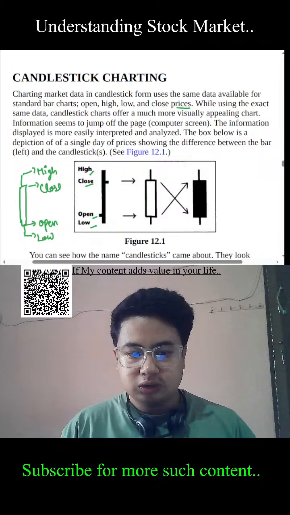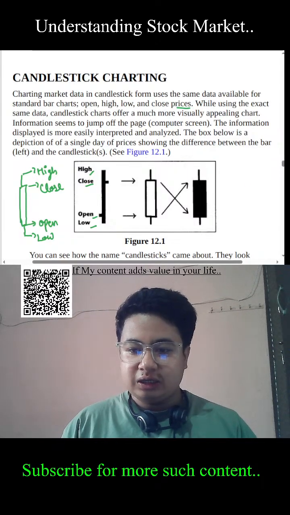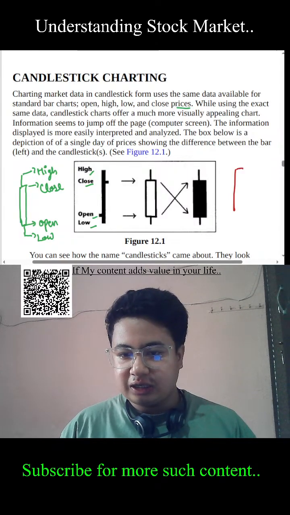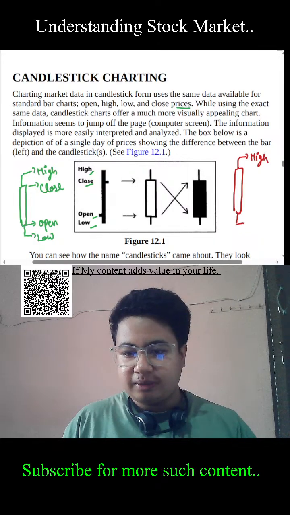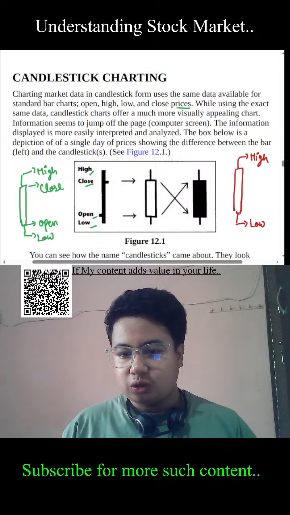Now if the candle is of red color, then it will be of opposite nature. Red means the price has gone low in that particular time frame. So this will remain the highest point, this will remain the lowest point, but closing and opening will reverse.